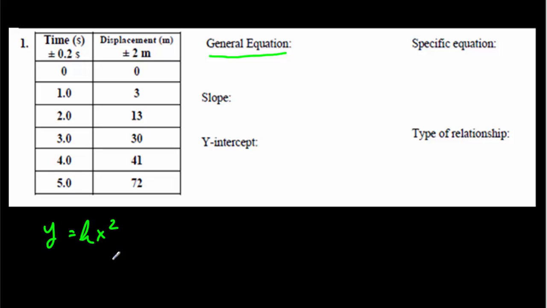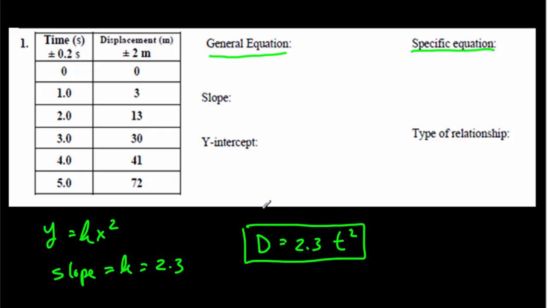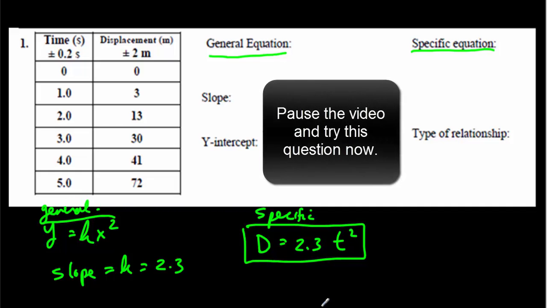And then once you carry out linearization, you figure out the slope of that line, then the slope will equal k, and maybe that has a value of 2.3, a specific numerical value, so that your specific equation would be, when you put these variables in, d is equal to 2.3 times our x variable squared, which would be the time squared. So that would be a specific equation, and this would be a general equation. Pause the video, try the question, come back for the answer.